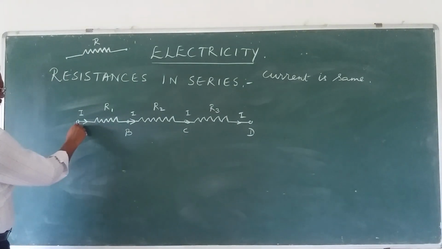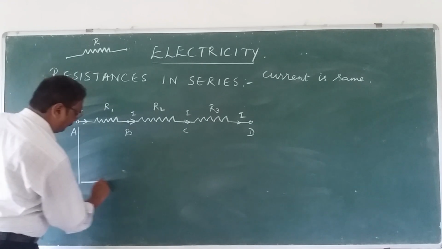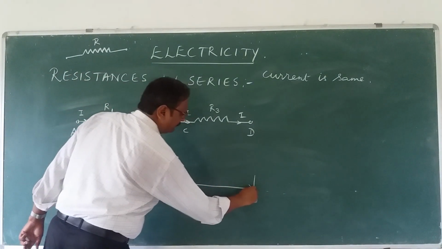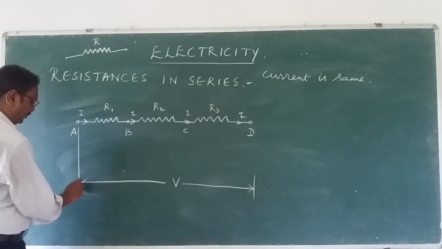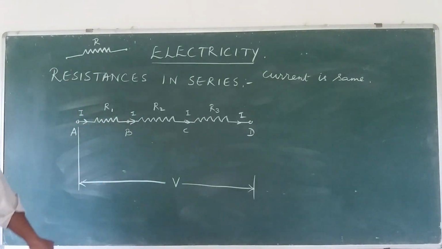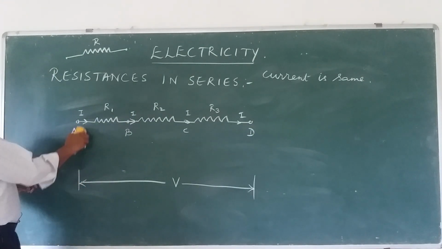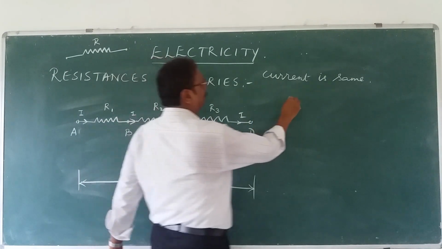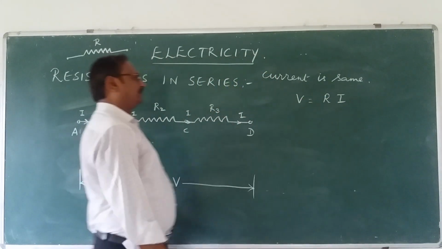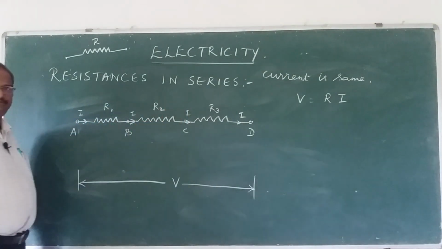I connect this to an external battery, or the potential difference it offers is V. We know from Ohm's law V is equal to R into I. Now the current is I through each of them.